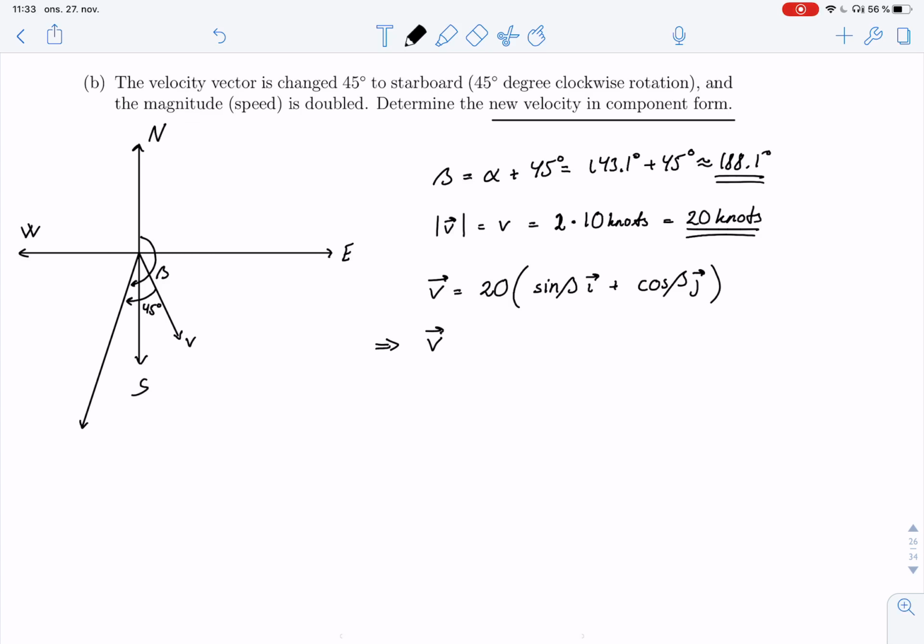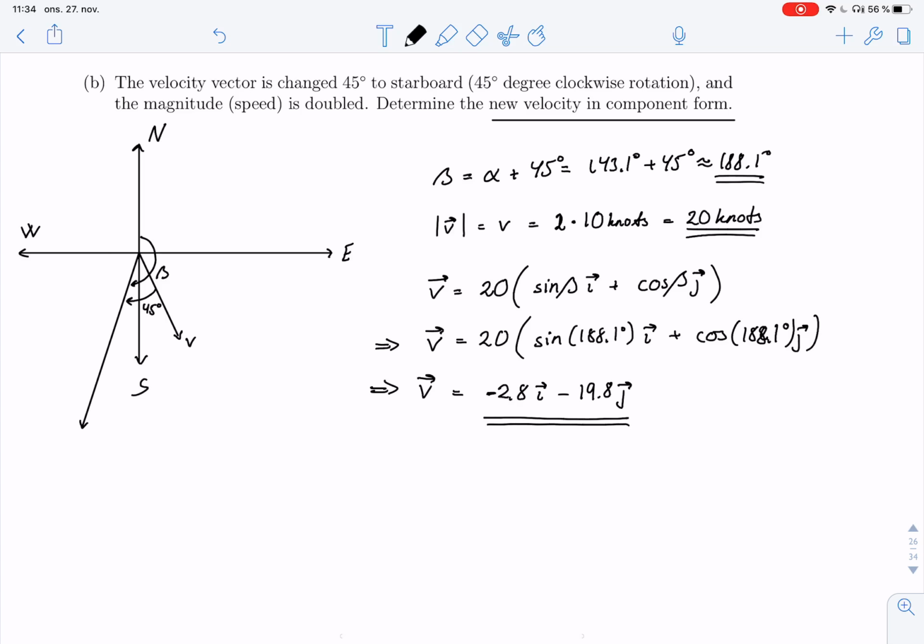So our V would be 20, and if we insert the 188 degrees, we get, let me put it into my calculator, minus 2.8 in I and minus 19.8 in J.